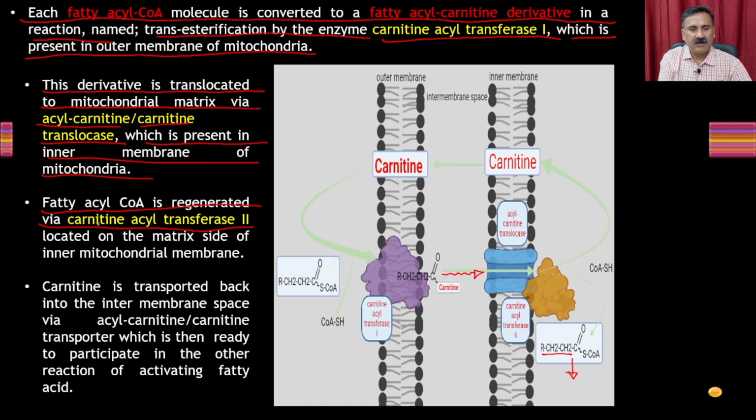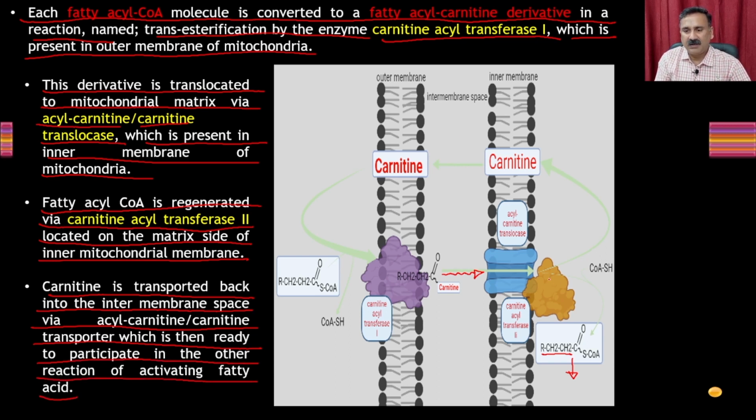Carnitine acyltransferase 2 is located on the matrix side of the inner mitochondrial membrane. Carnitine is then transported back by the acyl carnitine transporter, ready to participate in another round of fatty acid activation.